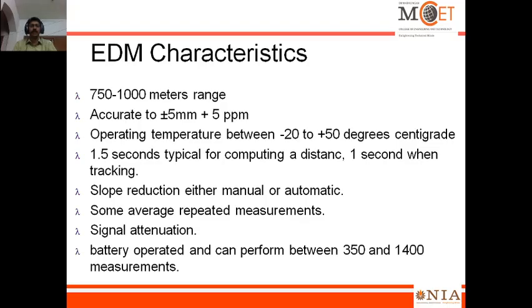Slope reduction, either manual or automatic, can be available. Some average repeated measurements, signal attenuation, battery operated, and can perform up to 350 and 1400 measurements. Nowadays it has improved to more than 20,000 points.